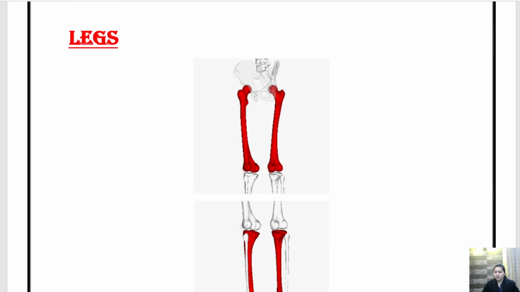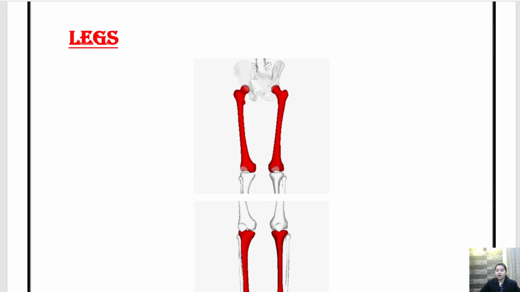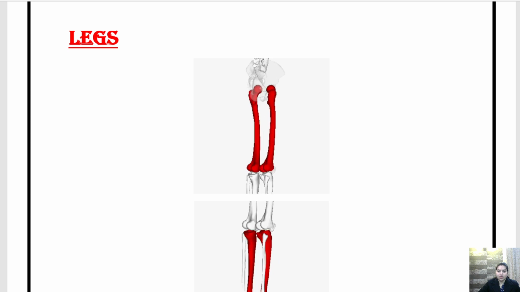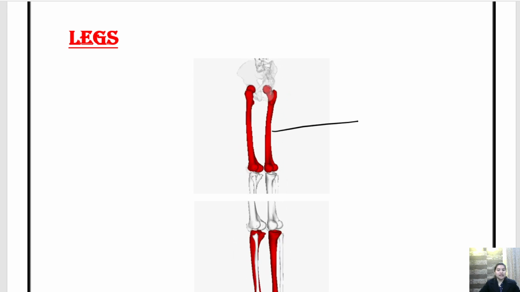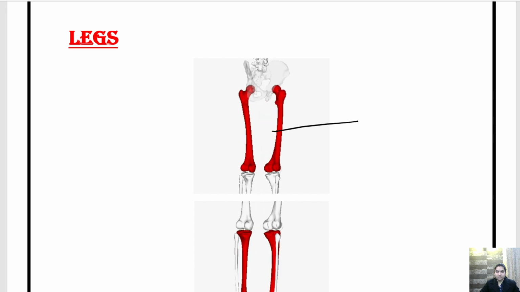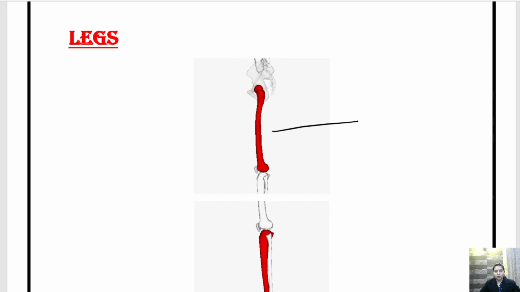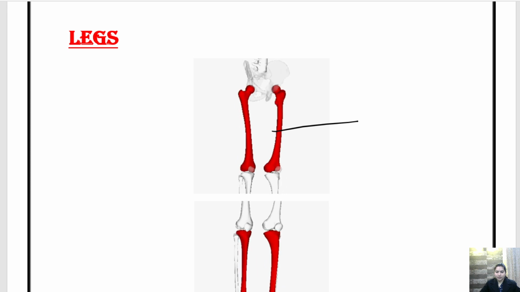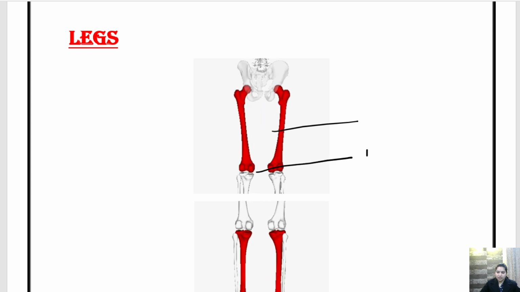Children, now this is very important. The longest bone in the human body is the thigh bone. Okay, the bone present above the knee. This is your knee region.